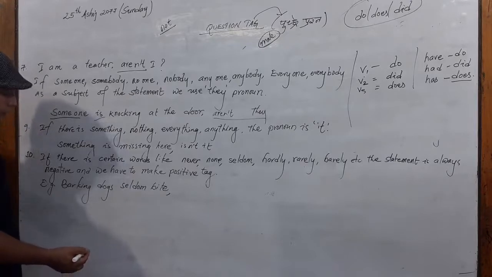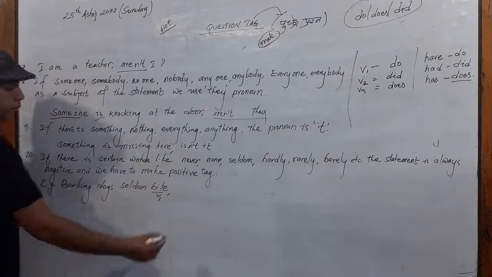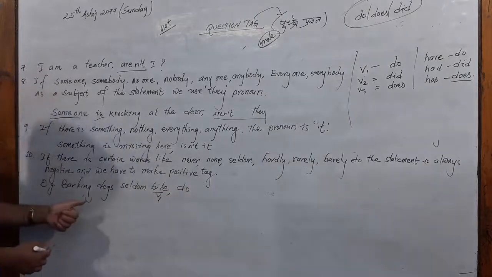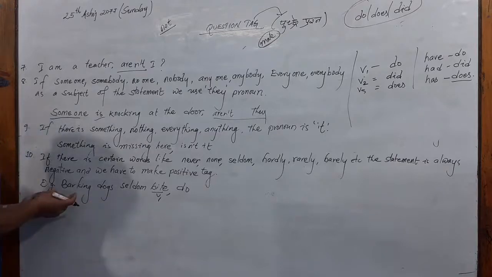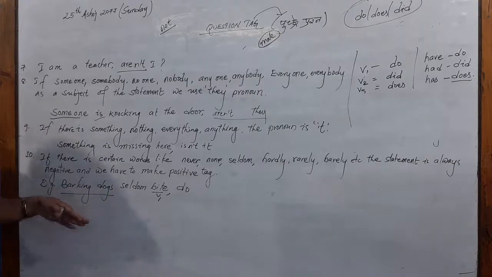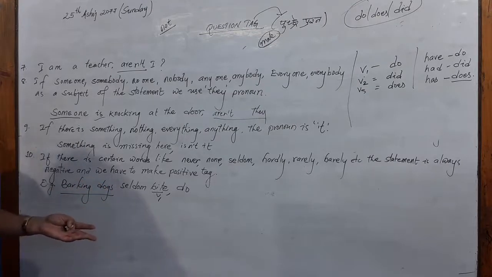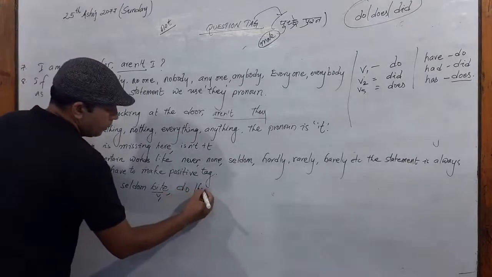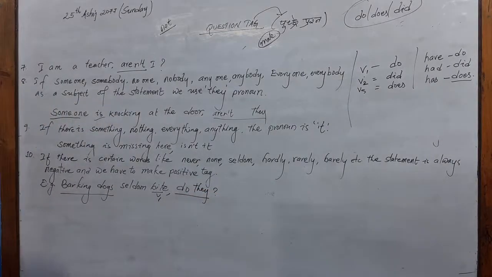So here is verb one, bite. Here is the word seldom, an adverb, so it is negative. Barking dogs means it is plural subject. We don't know whether it is he dog or she dog, so generally we use it or they. Dogs is plural here, so we write do they. Okay, in this way.